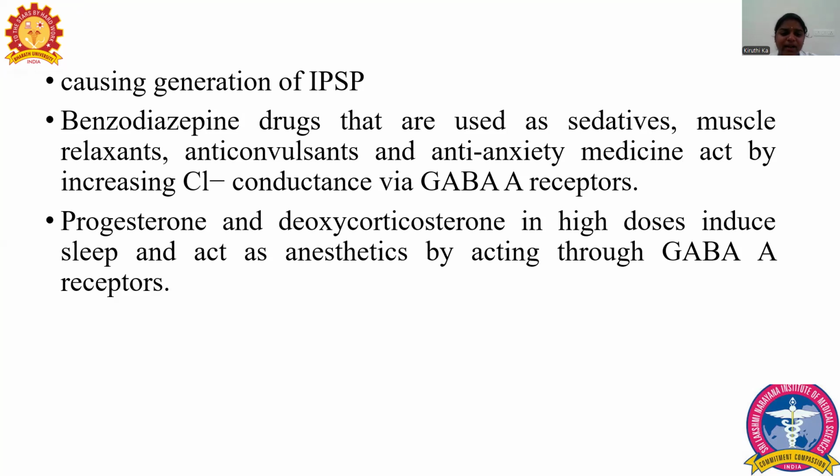Many volatile inhaled anesthetics increase chloride conductance by acting on GABA and also glycine receptors. Some anesthetics act by inhibiting NMDA and AMPA receptors. Instead of acting on GABA receptors, local anesthetics produce anesthesia by blocking sodium channels in the peripheral nerves.